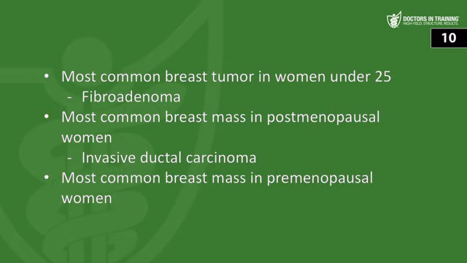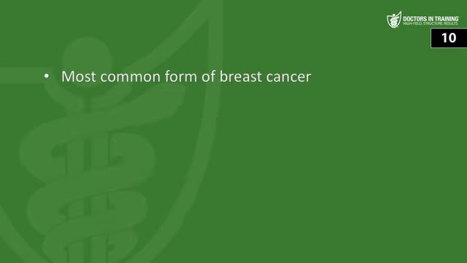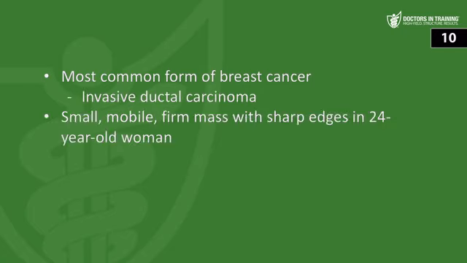The most common breast mass in premenopausal women, that's a non-proliferative change, fibrocystic change. The most common form of breast cancer, again, that's invasive ductal carcinoma. A small, mobile, firm mass with sharp edges in a 24-year-old woman. The only thing you really have to go on here is her age. Young woman, think fibroadenoma.